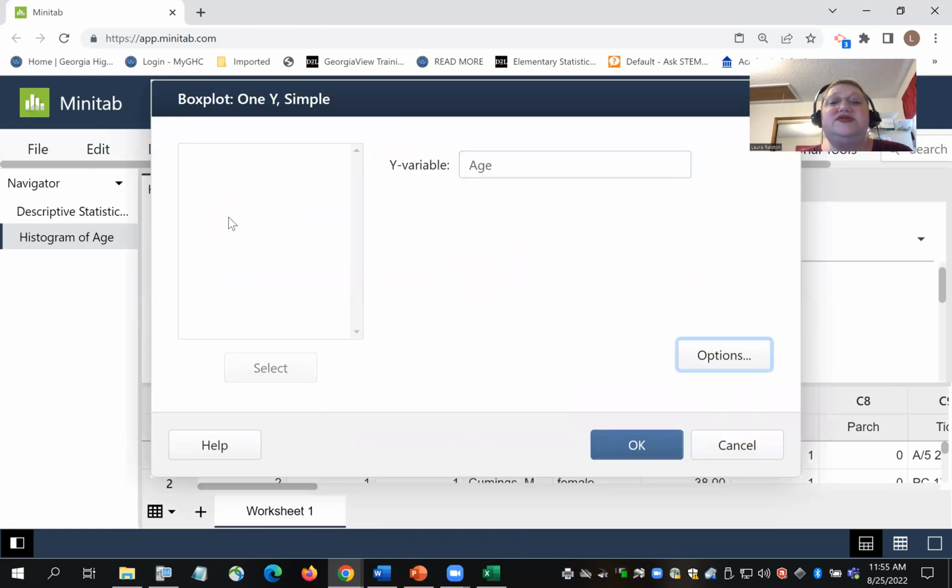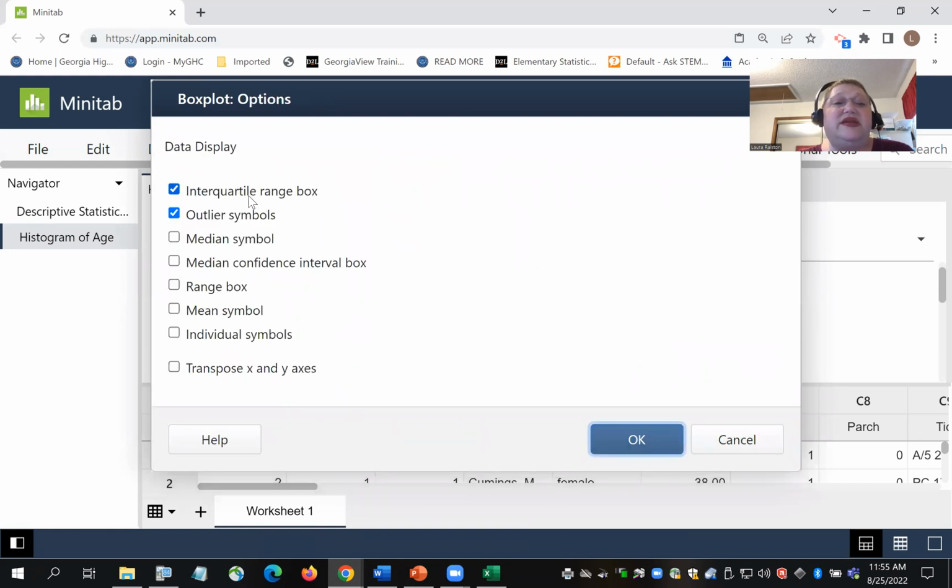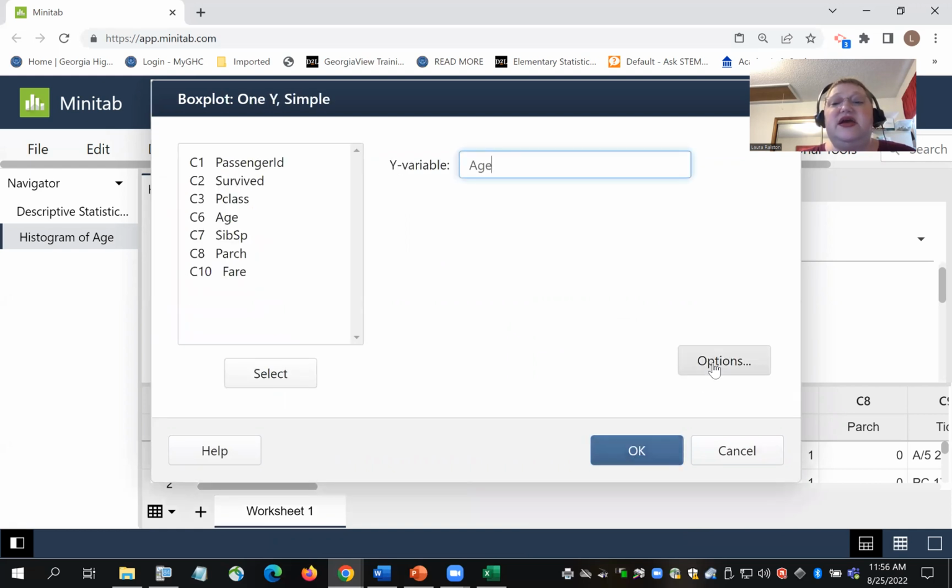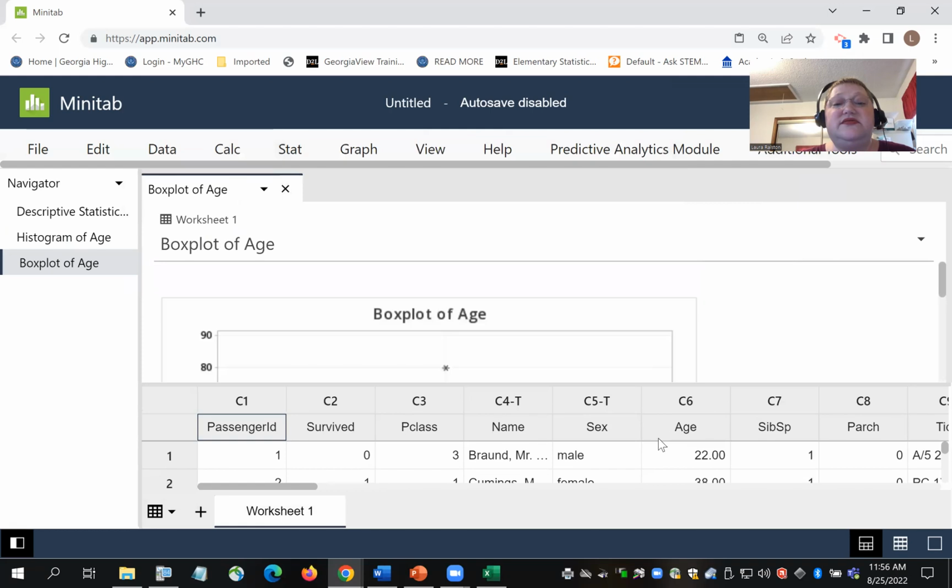Again, we choose age. We can look at options. I want it to draw the interquartile range box, and I want it to show me the outliers. The box plot in MINITAB will actually give you a visual of the outliers, and I'll show you that. Okay, and then we click OK.